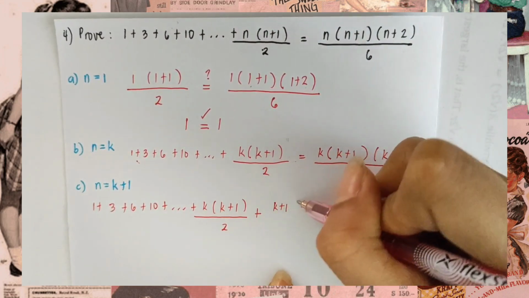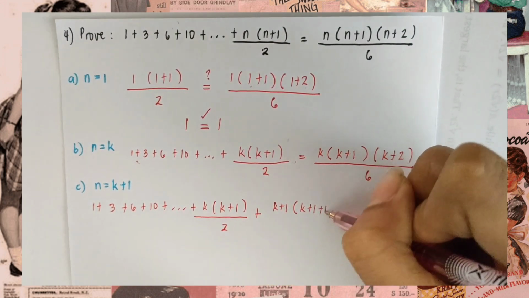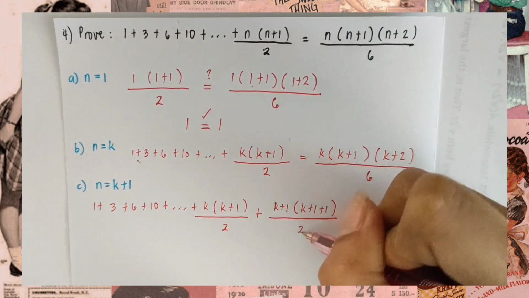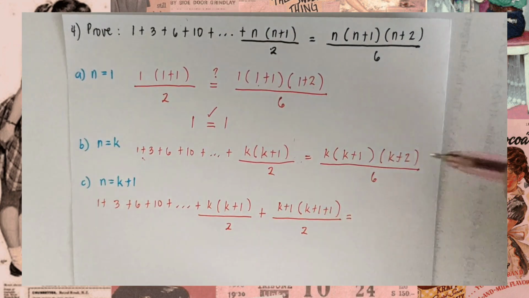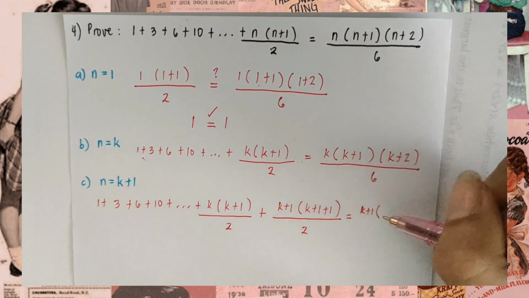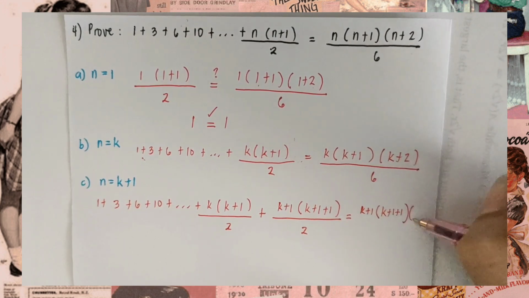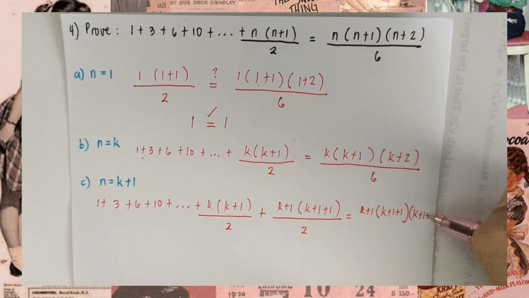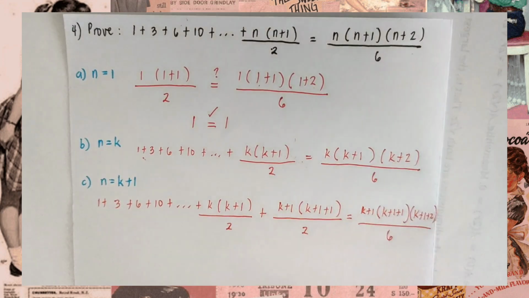K plus 1 times k plus 1 plus 1 over 2 equals, all the k here will be k plus 1. So k plus 1 times k plus 1 plus 1 times k plus 1 plus 2 over 6.